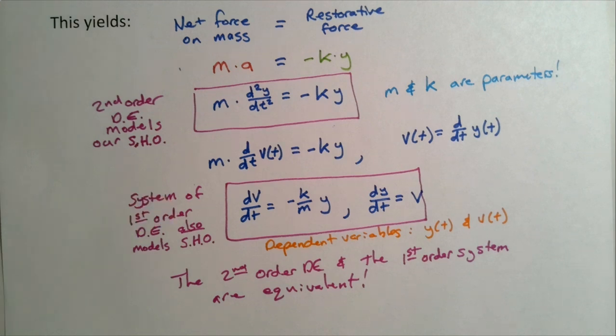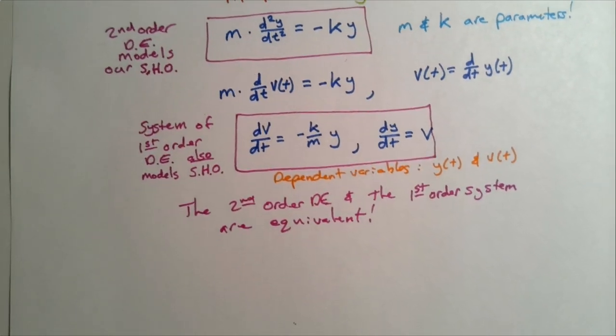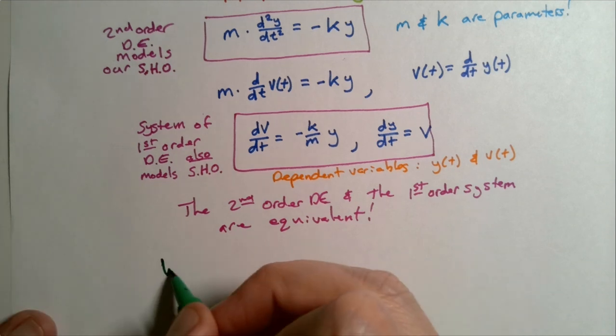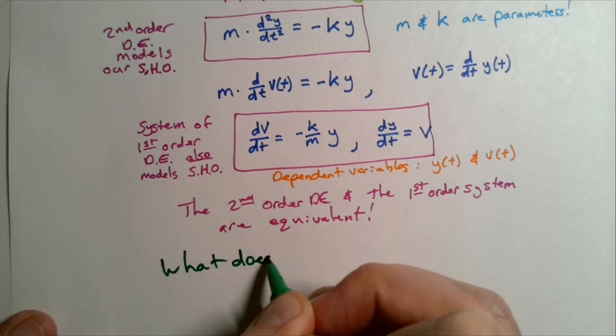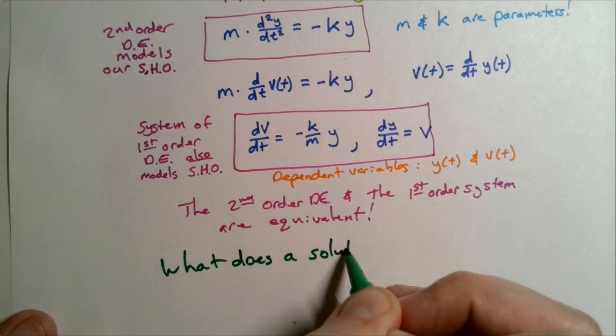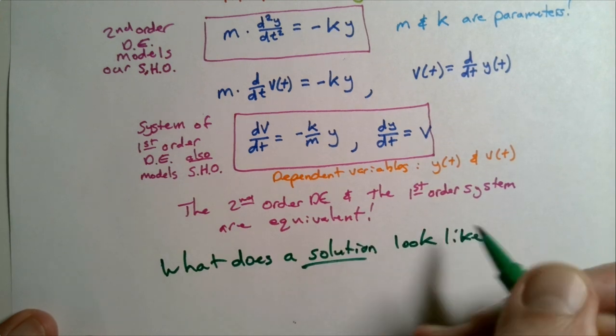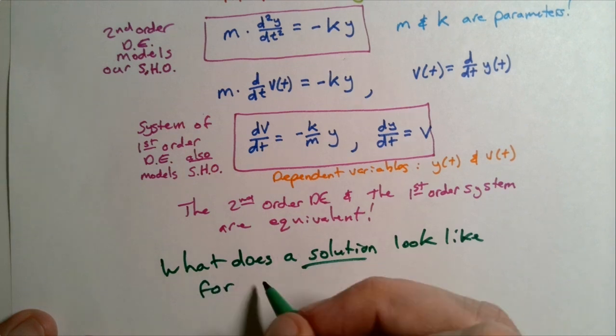And so you might ask, okay, that's great, but I really want to solve this thing. Well, we can ask the question, what does a solution look like for this system?